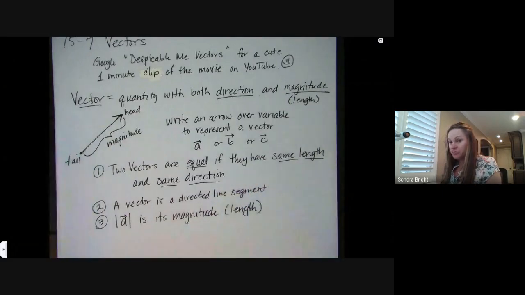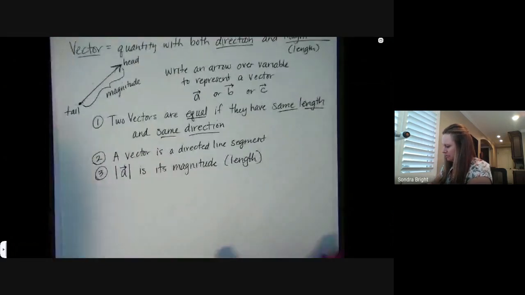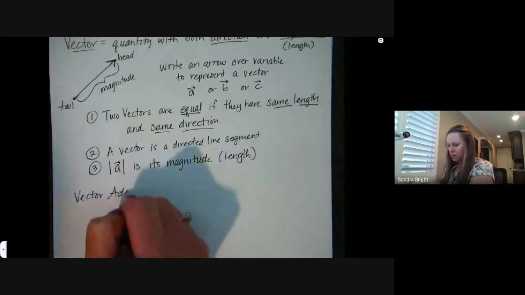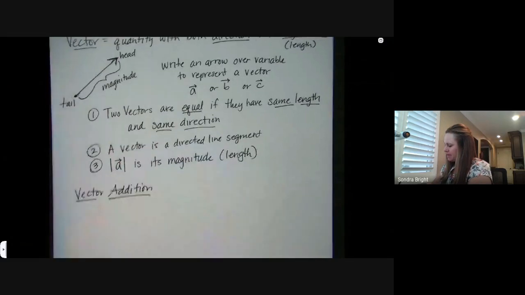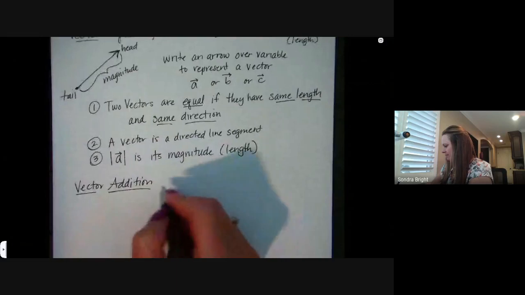To add two vectors together, there's a couple of ways of doing it. There's two different ways to do it. So, vector addition. One way to do it is to place them tail to head.